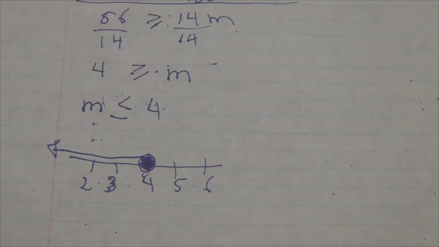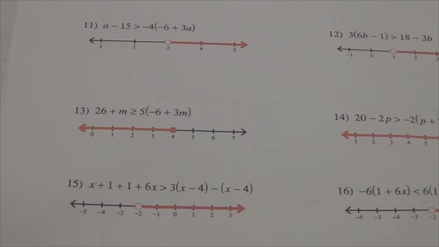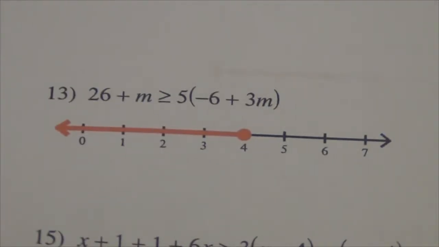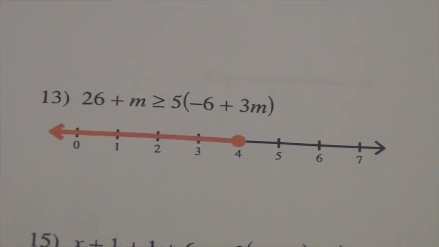Now, of course, you want it to look nicer. Sure. You just look at this problem right here. That's the one that we just solved. All right? So now I'm going to point out some additional problems you could do on your own, and then we check what's going on.